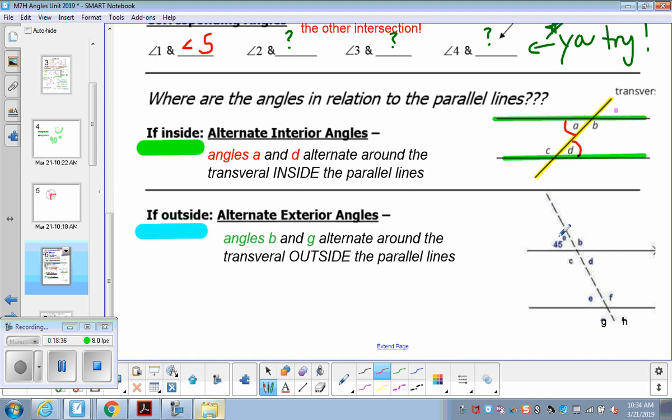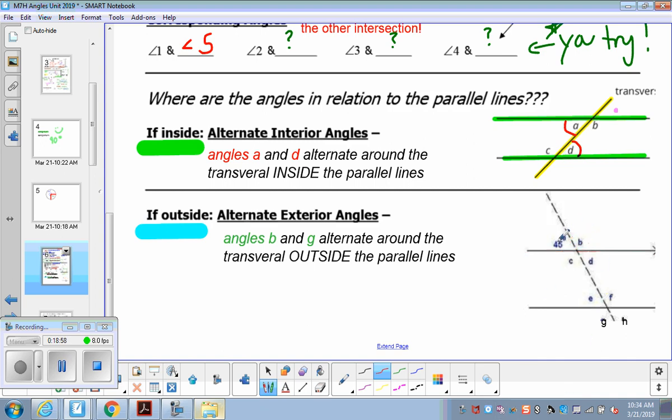If we know that this guy is 45 degrees, I can say that angle B here is 180 minus the 45. So angle B has to be 135 degrees because B and 45 make that straight line. Angle B and the 45 make 180 degrees.